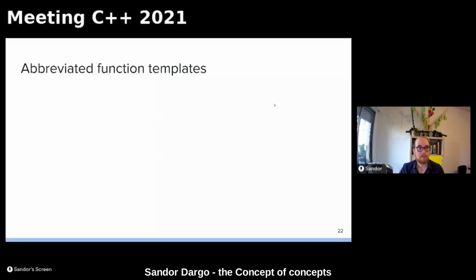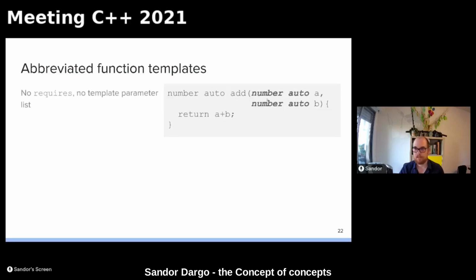And that's also the case for the abbreviated function templates. So here, you don't even have the template parameter list. You simply write concept name auto, and you can use it for the return value as well. That's something you can also constrain. So no requires clause, no template parameter list.